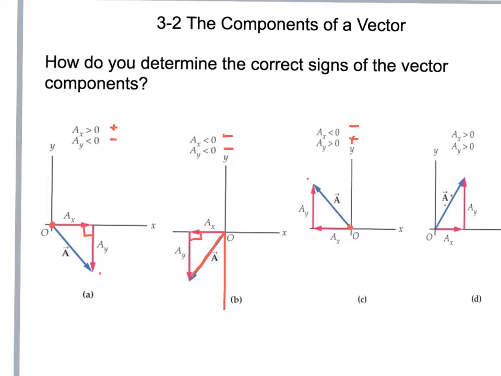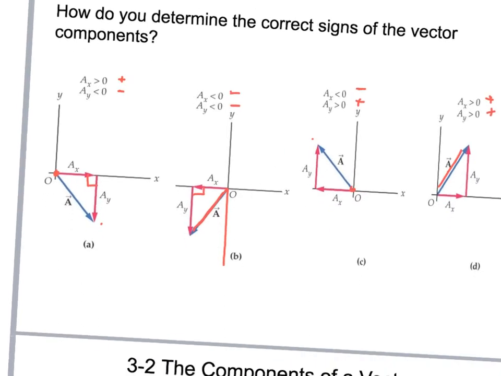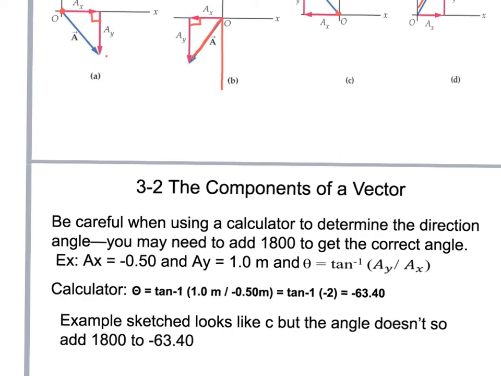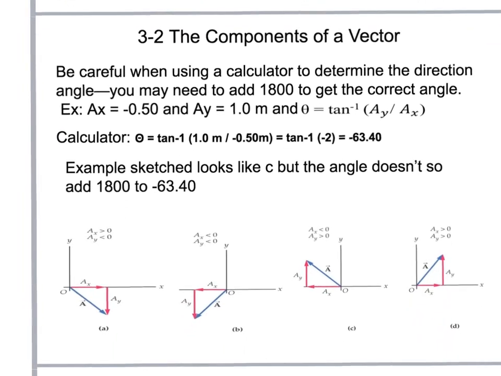And then over here in the last case, x is positive and so is y. So that's how you find the correct signs of the vector components, by basically looking at that right triangle again, and that helps you to tell where the components are.